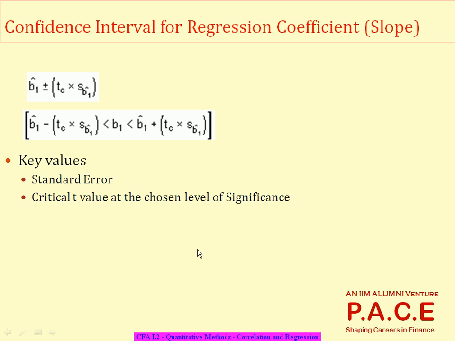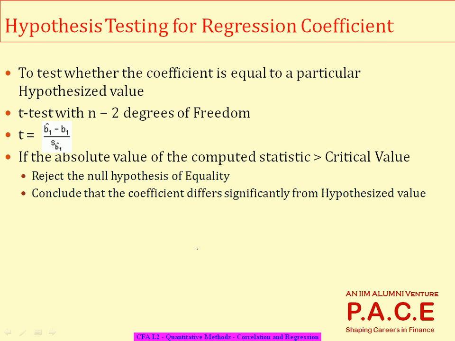In any case, for that particular coefficient interval, I take the value plus or minus the critical value times the standard error. And the regression coefficient testing we have also done, based on the t value as well as the p value.